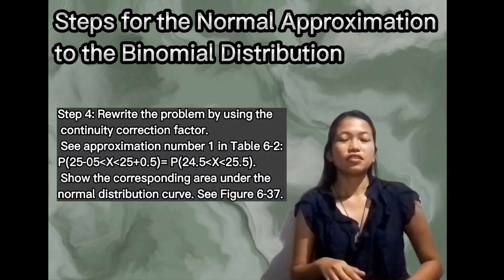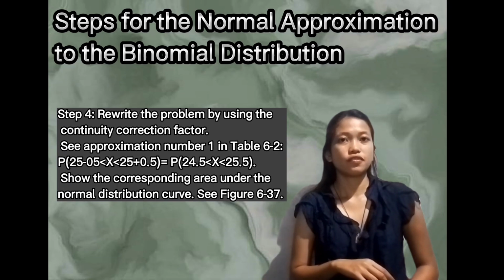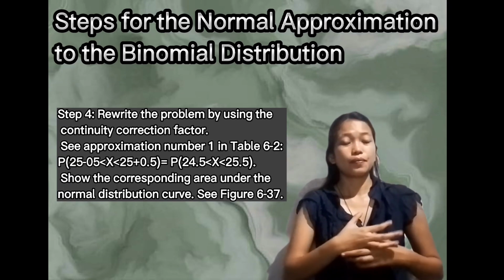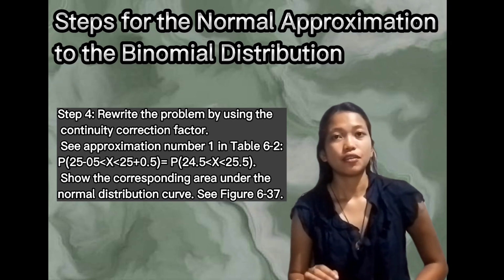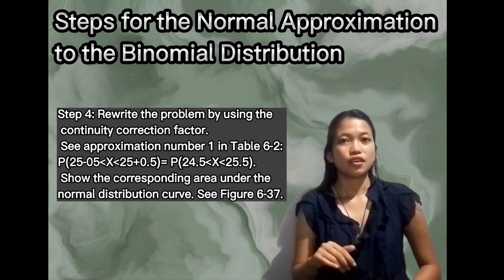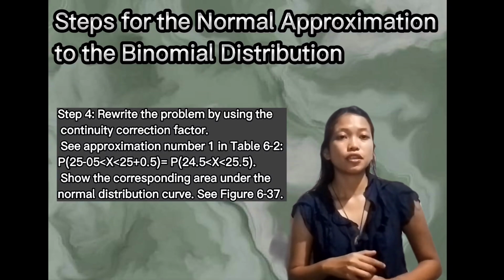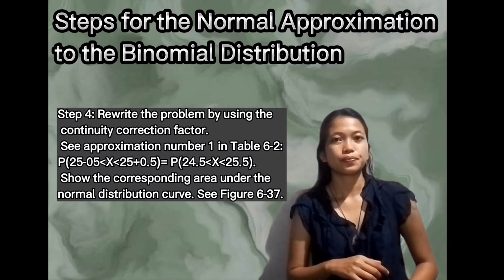Now, in step number 4, we should rewrite the problem by using the continuity correction factor. See the approximation number 1, since P of x equals 25 fits in approximation number 1 in the table of summary of the normal approximation.